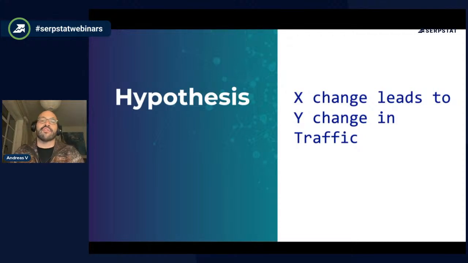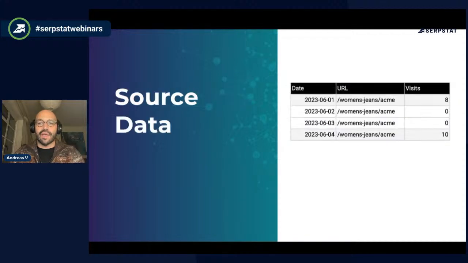Here we've assumed traffic. So you take your source data. In this case, it's going to come from your analytics, be it Looker or Adobe, whatever you're working on or your organization uses.